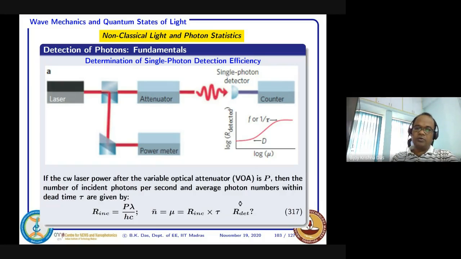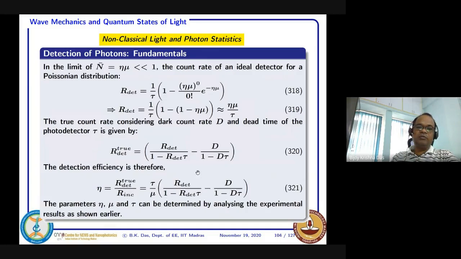Okay, about this detection, we have just discussed this one, right? That is actually the n bar in the detector. Detector means average detection. Mu is the average incident photon number, and eta is the efficiency.